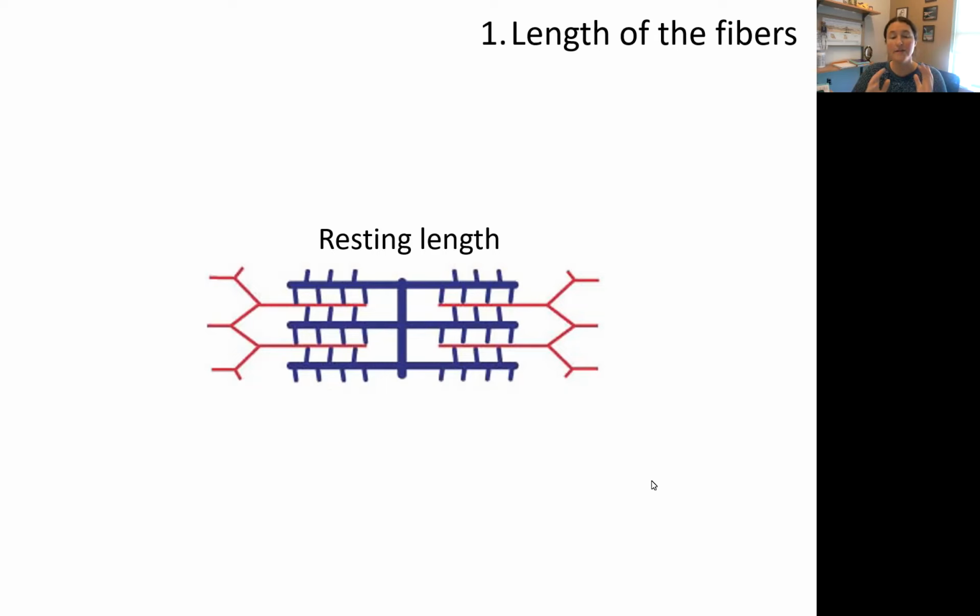In this scenario, before the muscle cell starts to contract, before it is stimulated, it is at such a length where there is significant overlap between the myosin and the actin. So as soon as the muscle cell is stimulated, all of these myosin heads can form cross bridges with actin and pull as much as they possibly can. Okay, so very much a lot of opportunities to form cross bridges.